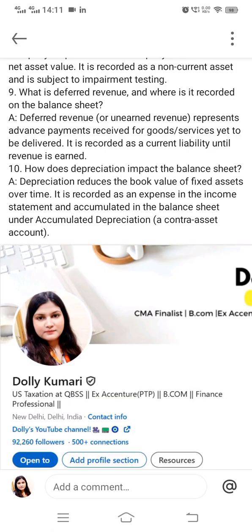Now we have ninth question, what is deferred revenue and where is it recorded on the balance sheet. So deferred revenue or unearned revenue represents advance payment received for goods or services yet to be delivered. It is recorded as a current liability until revenue is earned.